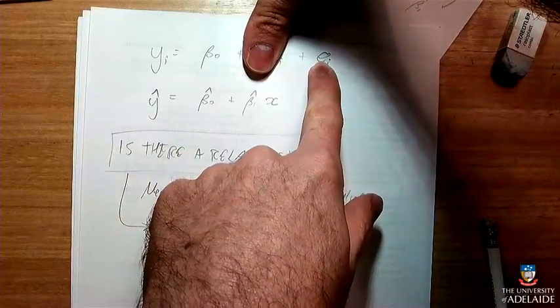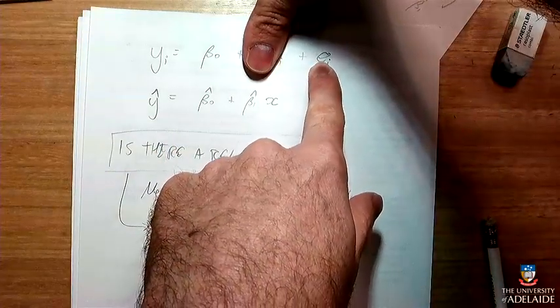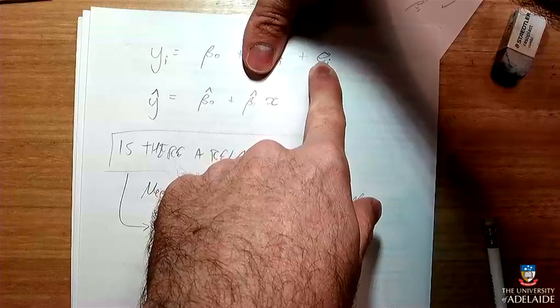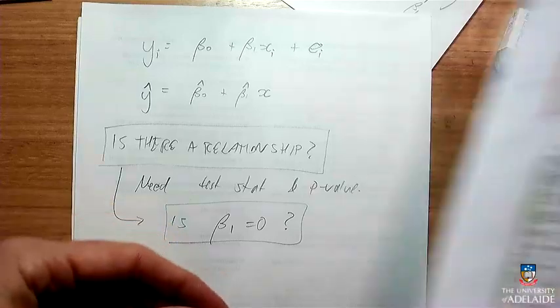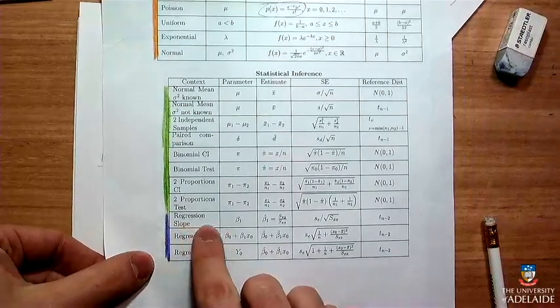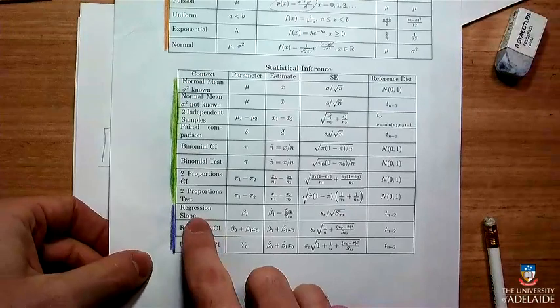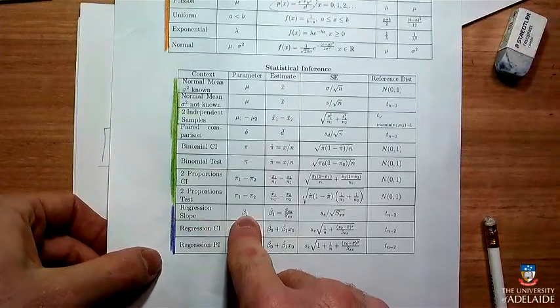And so the value of y would just be completely random, and it wouldn't be related to x at all. So the question of is there a relationship between my y and my x is the same as the question of is beta 1 equal to 0. Which is why this row here, regression slope, beta 1, is the thing that we're interested in.